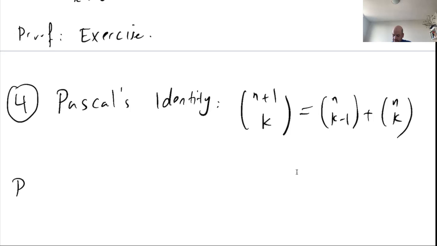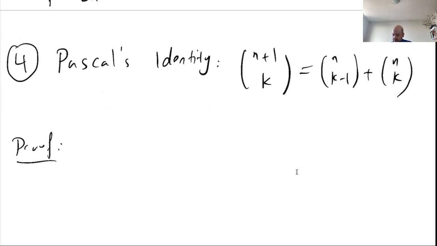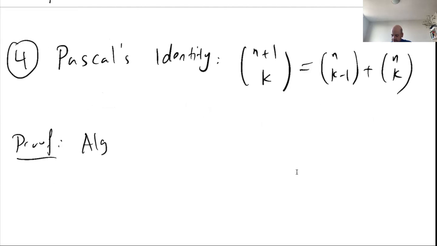So, proof. I can give you an algebraic proof and also a combinatorial proof. The algebraic proof is easier because it just involves some algebra and getting a common denominator, which is easy to do. So, algebraic proof.